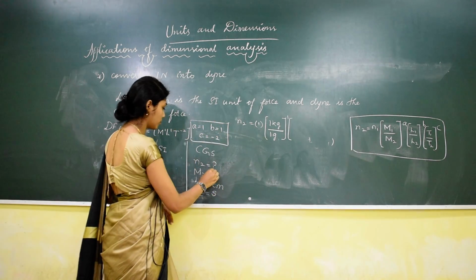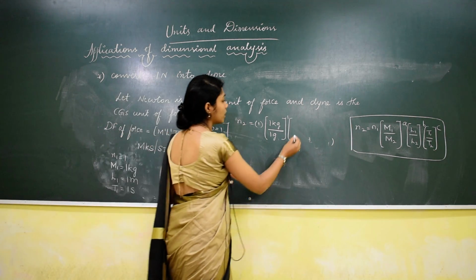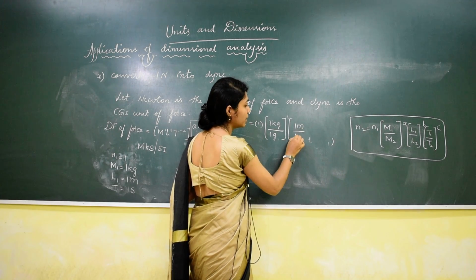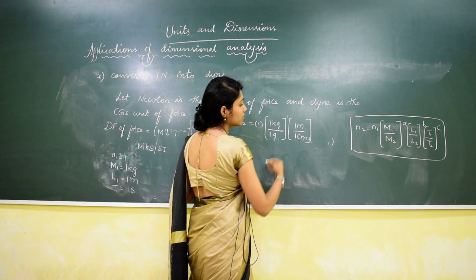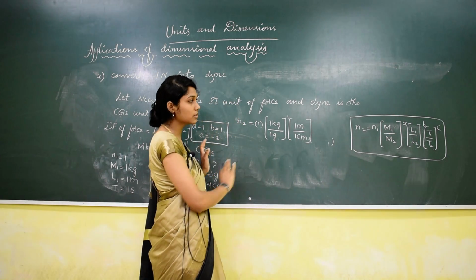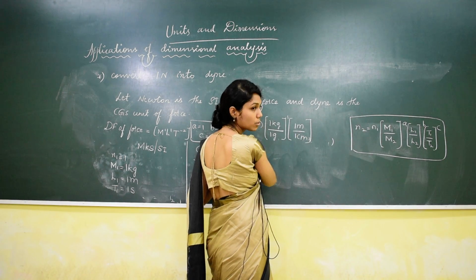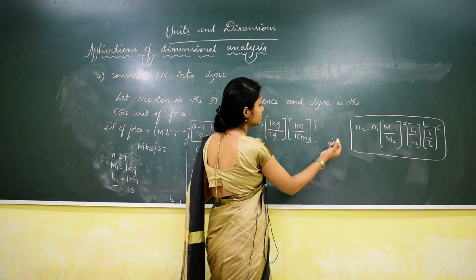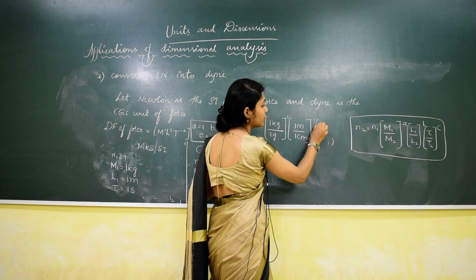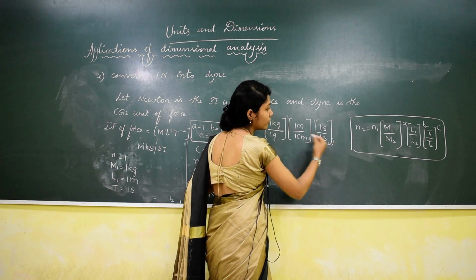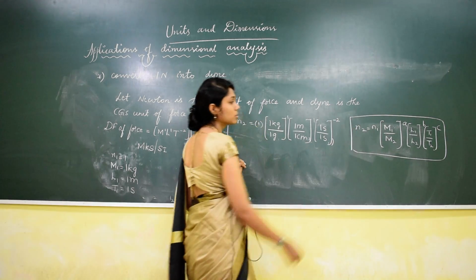Okay, I am just substituting the values in that formula, which is raised to B is equal to 1. And next we are having time. Here also you are having 1 second, 1 second, which is raised to -2.